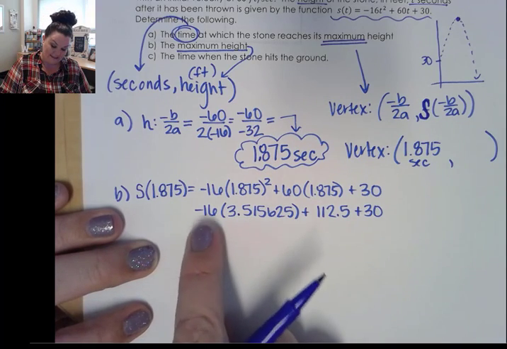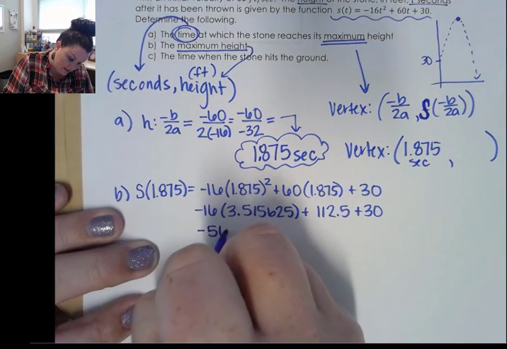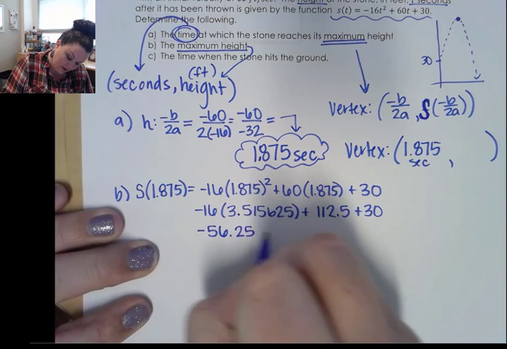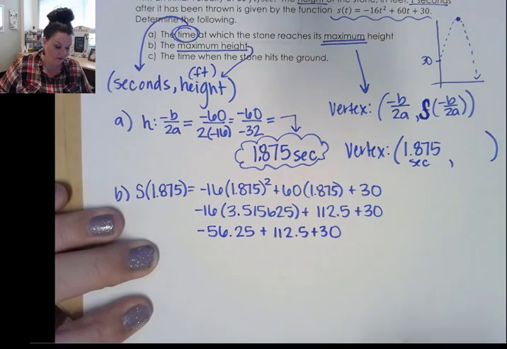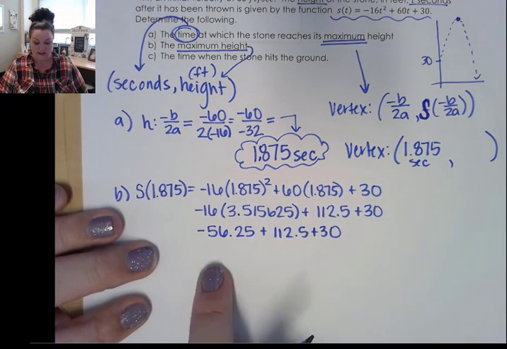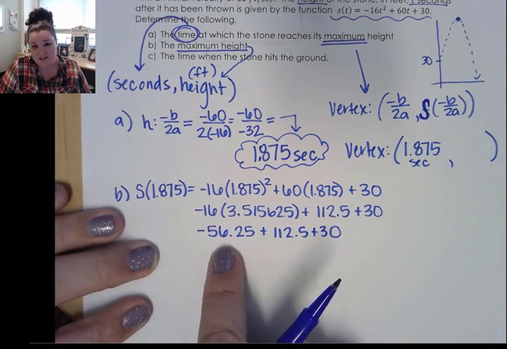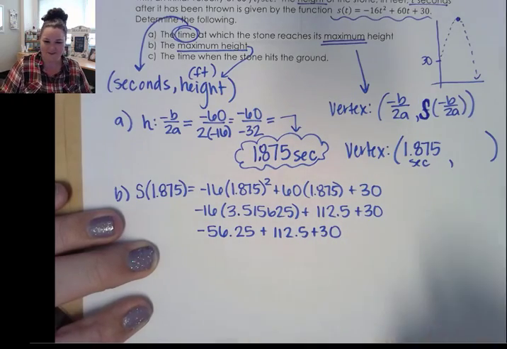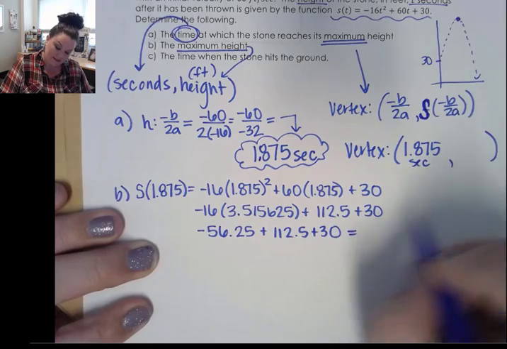When I multiply 16 times this decimal number, I end up with negative 56.25 plus 112.5 plus 30. So I combine here. I'm just going to tell you what this equals. I'm not going to write it out one step at a time because I believe in my heart that you can punch this into your calculator and get the correct number.